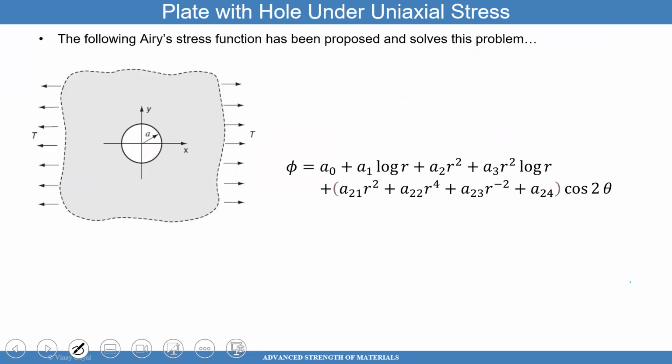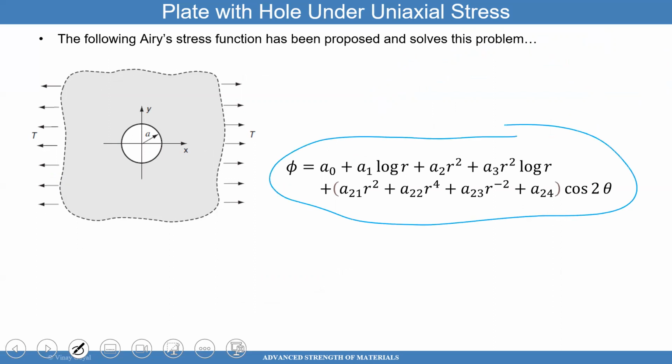And for this particular problem, the Airy stress function that has been proposed that actually solves this problem is this particular one. This Airy stress function does a very good job of solving this problem. You can show that this Airy stress function will satisfy the biharmonic equation.